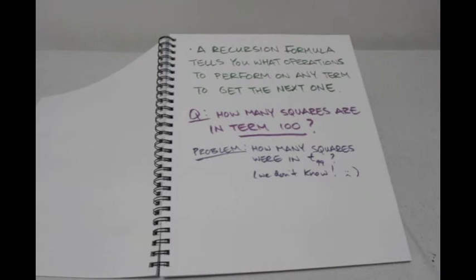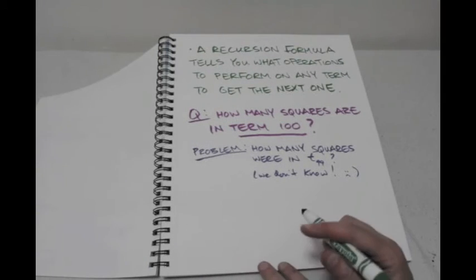So we need a general rule. We need a rule that will tell us the output for any input. We need a rule that will tell us how many squares are in any term in this sequence.